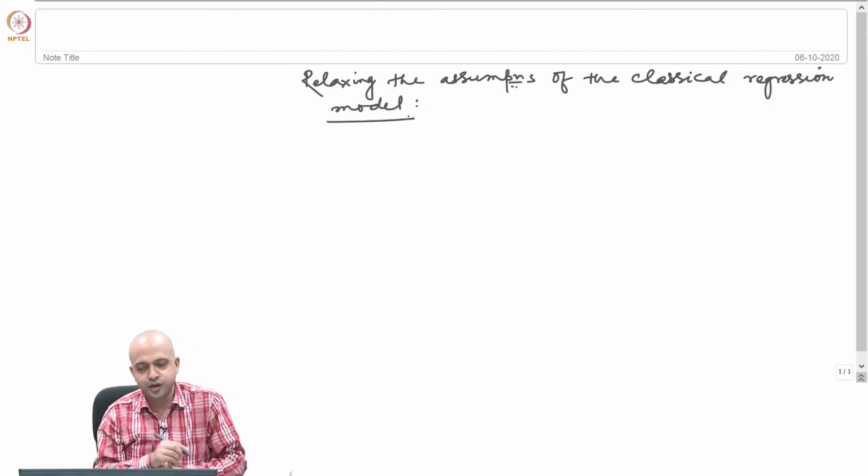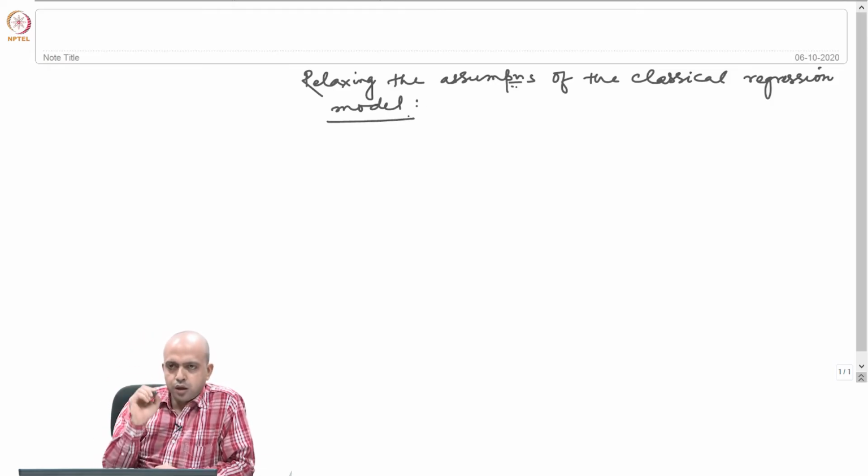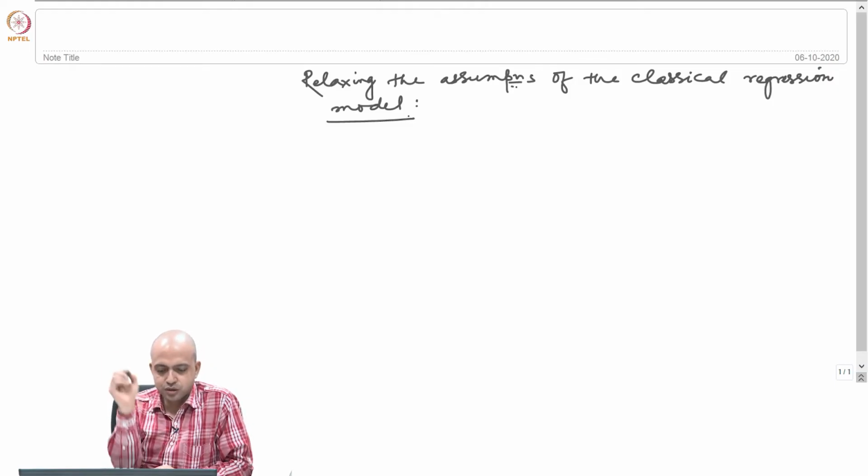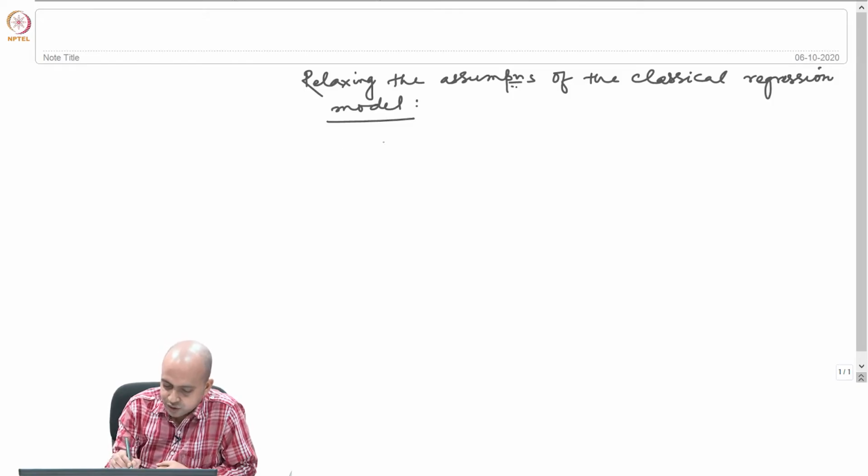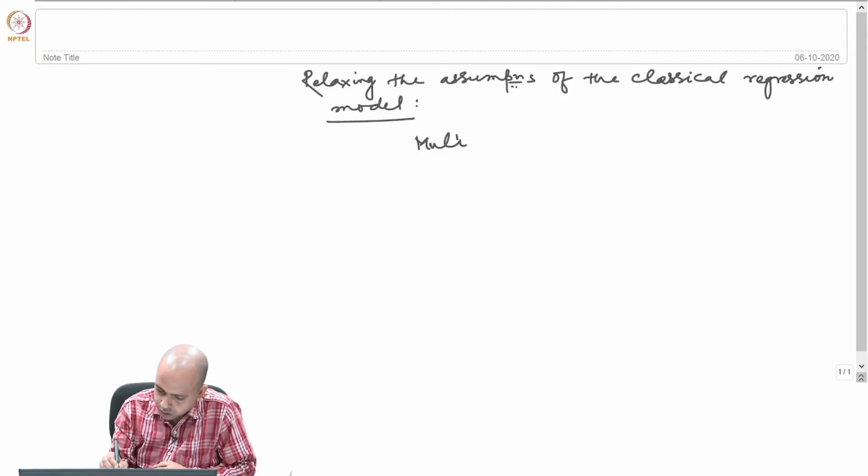To start with, we will relax one assumption, which was that there should not be any multicollinearity. So today's topic of discussion is multicollinearity.